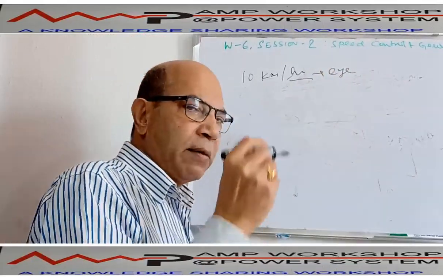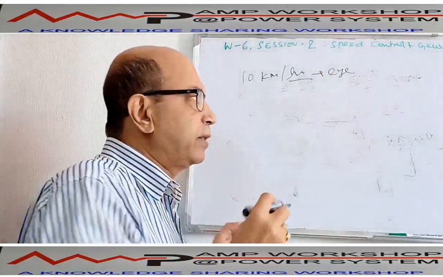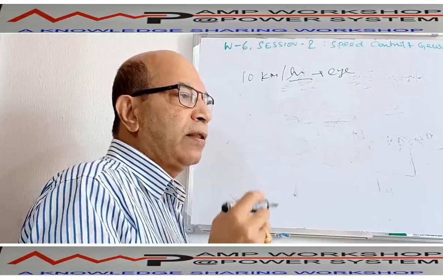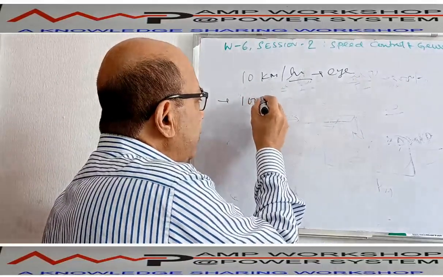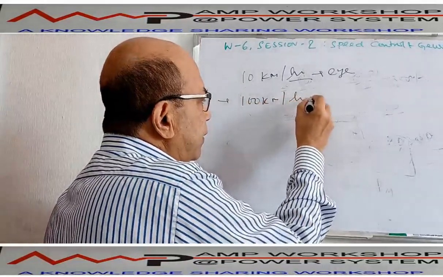Then you have some speed in your mind. Suppose you are planning to run the car at 100 km per hour. That is your target value, lying in your brain.